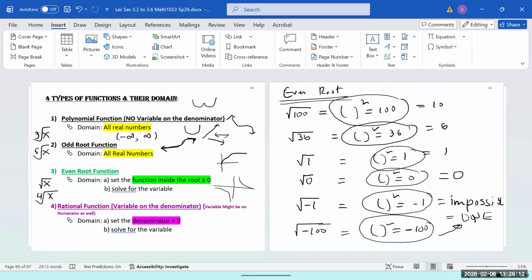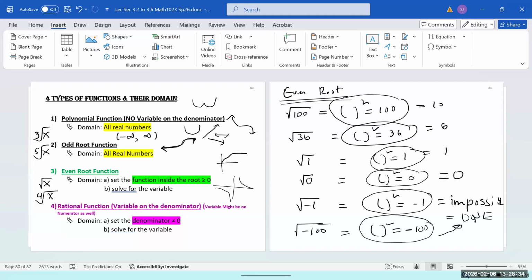Whatever thing you have inside the radical, it must be either 0 or bigger than 0. So we start by identifying your problem. Once you know what is your problem, you set a condition. Our condition is the thing inside the radical will be bigger than or equal to 0, and then solve for the variable.